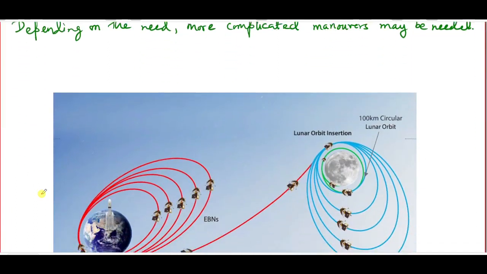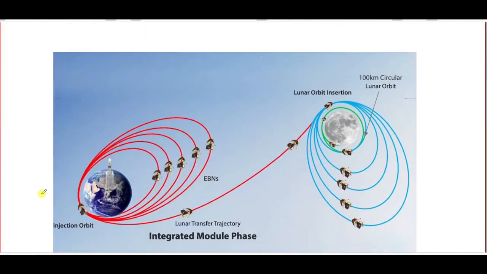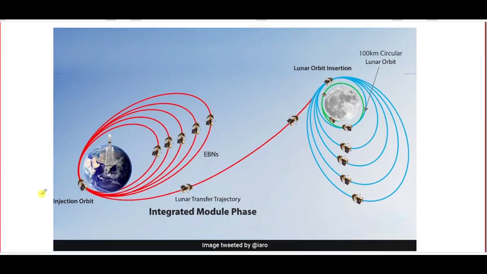Chandrayaan was launched in its orbit using the Launch Vehicle Mark III, LVM-3. LVM-3 has been used in the past and is typically designed for putting satellites in geostationary or near geostationary orbit. But in this case, the orbit that was used is quite different. You can see that the initial orbit essentially is this one.